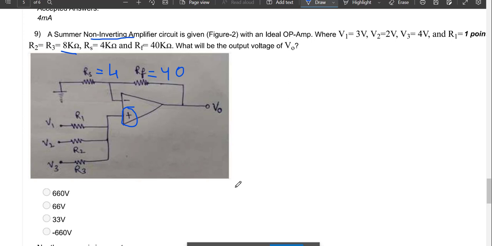It's an easy question, all the formulas are given. What is the value of R1? R1 is equal to R2 is equal to R3, which is 8 kilo ohms. Okay, got it.